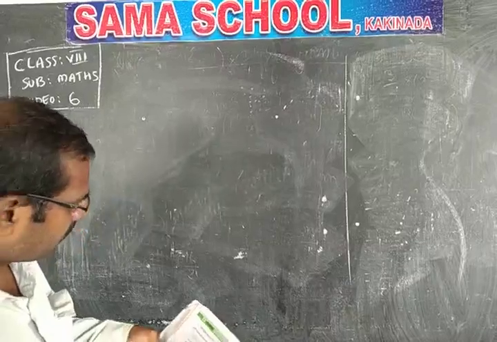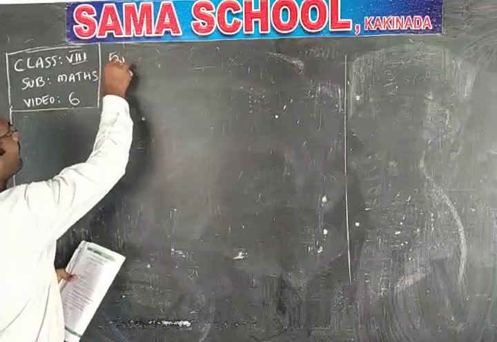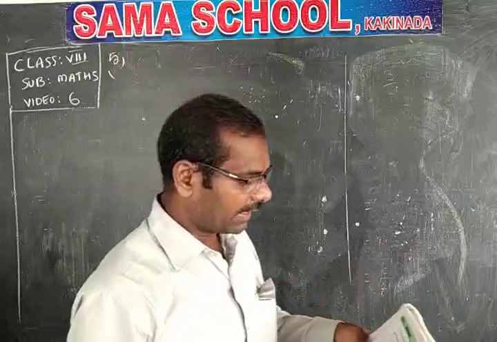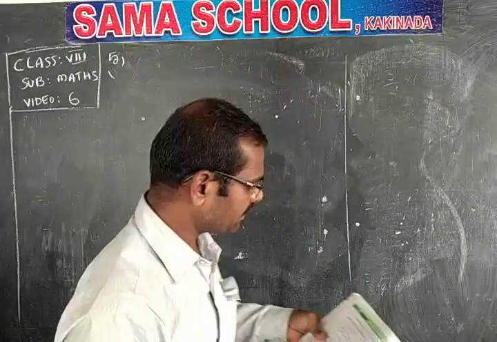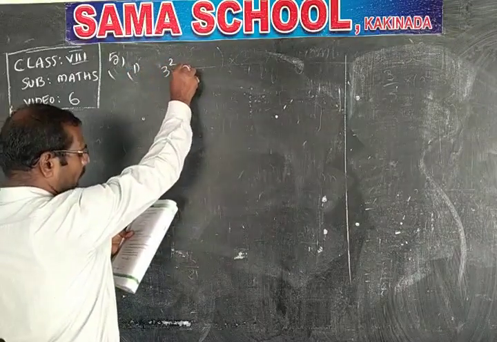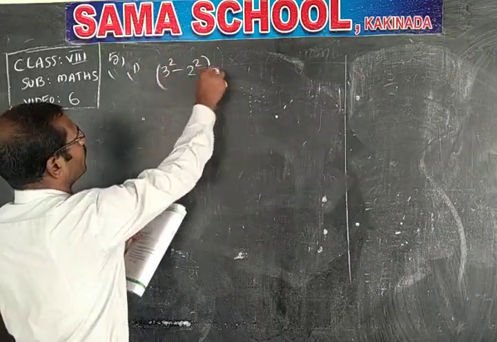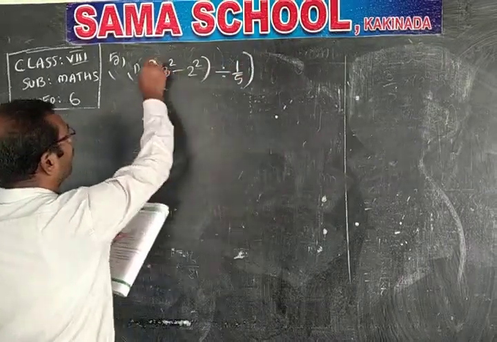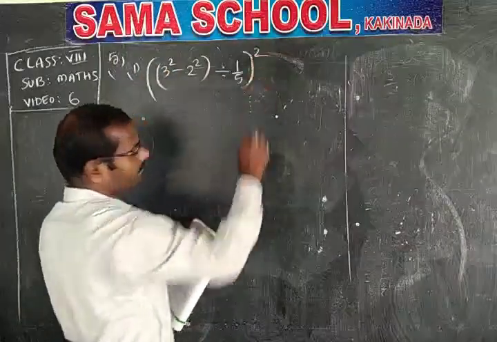Now, the fifth one: simplify and give reasons. The same heading is given. In that, the first sum is 3 power 2 minus 2 power 2, divided by (1/5) whole power 2.